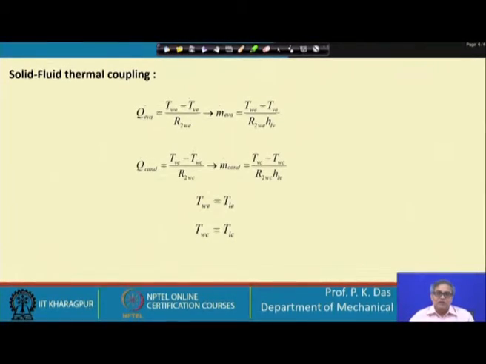With all these things we will be able to assess the performance of the heat pipe, or predict the transient performance, the transient characteristics of the heat pipe. So, this is what I wanted to convey about the design or analysis of the heat pipe. Details can be obtained from different books.